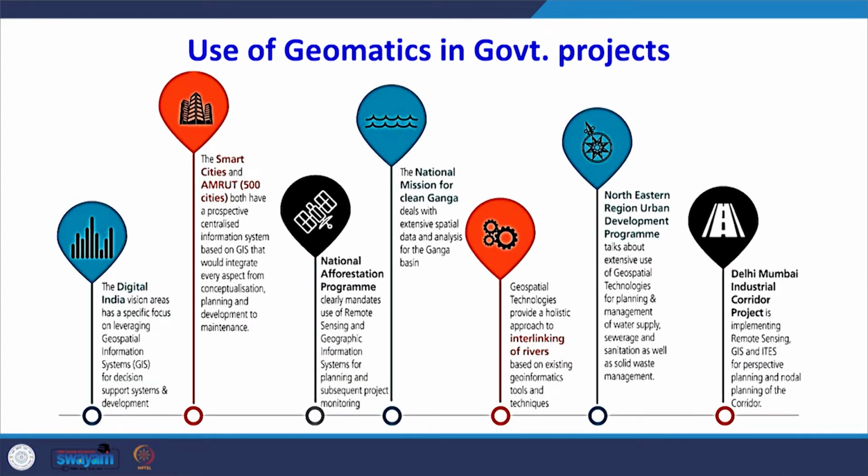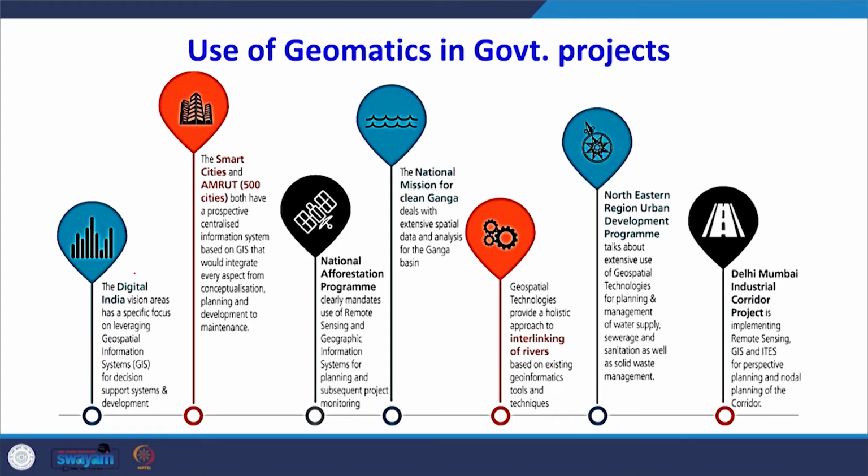The Government of India is also using geospatial tools or geomatics engineering in a large number of projects. You can see whether it is the Digital India project, the smart city concept, the national afforestation program, the national mission for clean Ganga, the northeastern regional urban development program, or the Delhi Mumbai industrial corridor, geomatics tools, either in the form of satellite images, GPS, drone survey or GIS, are contributing a lot to the successful commissioning and completion of the project.